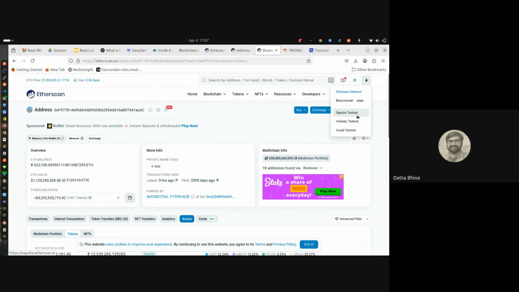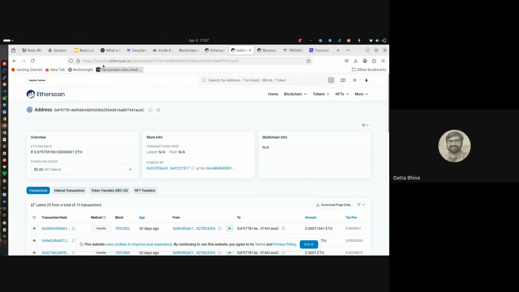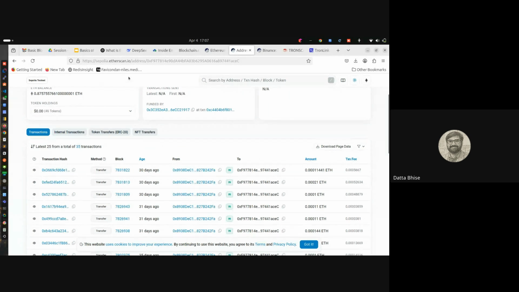Earlier we were using different testnets, but I guess they closed those. Now this is the new testnet, and I have added the same address in the Etherscan testnet. The balance and coin holding are different, but what I'm showing is that the same address can be used on the testnet as well as the mainnet.